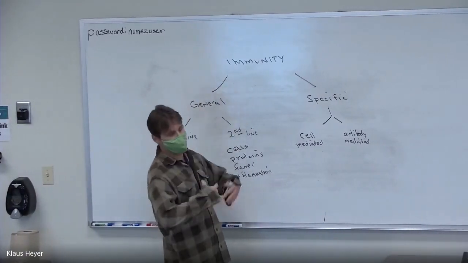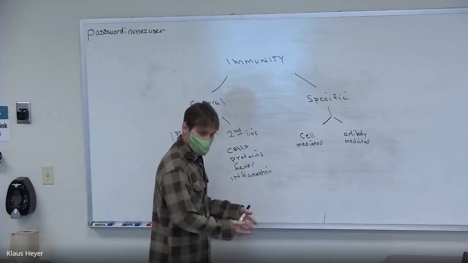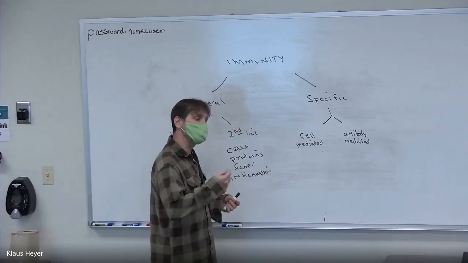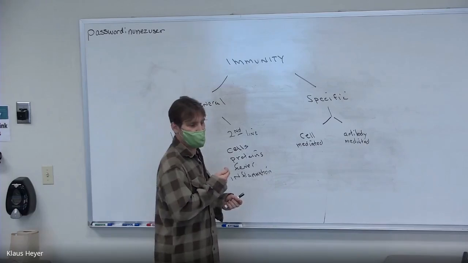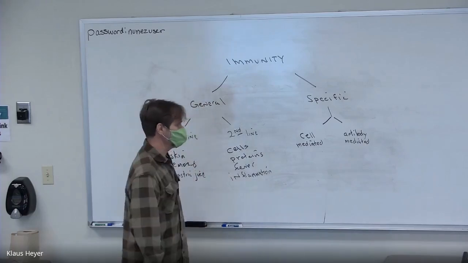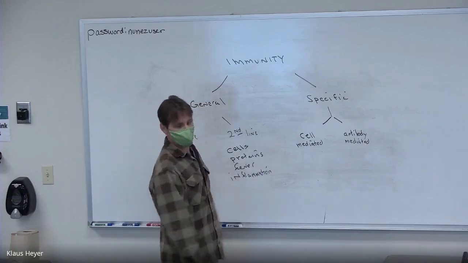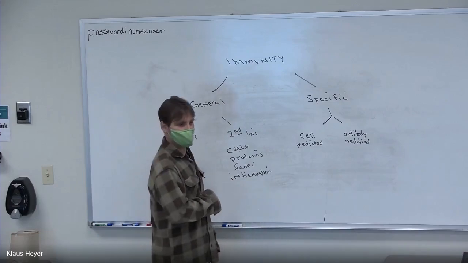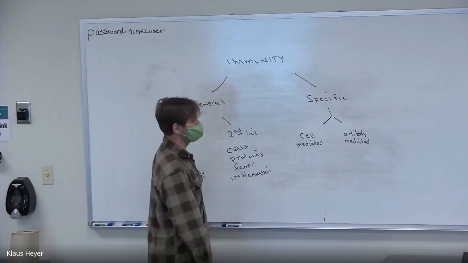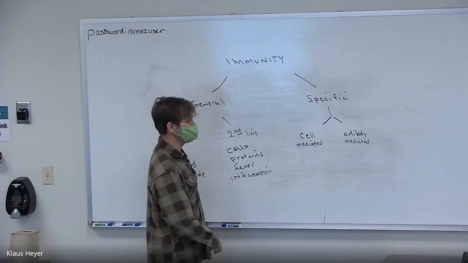Some of them stay around and remember, so that when you get infected again, your body just takes them out right away. As soon as the first planeload of Nazis comes in from Germany and lands on the tarmac, gone. They're going to Delta Force them. They're finished.